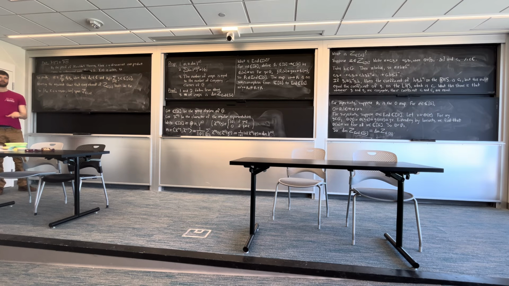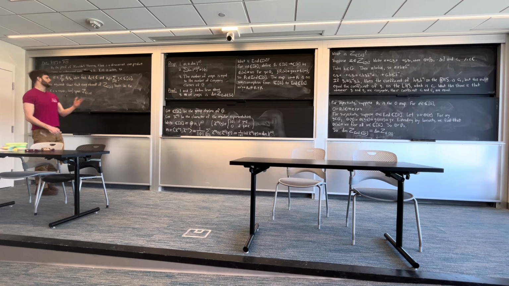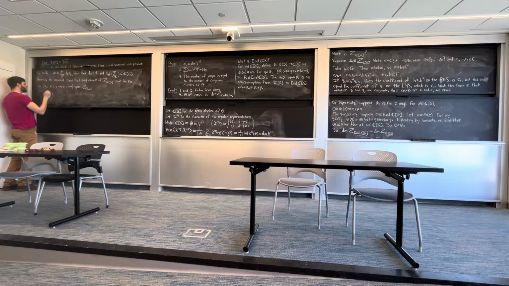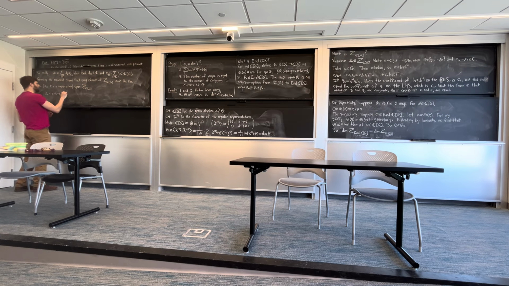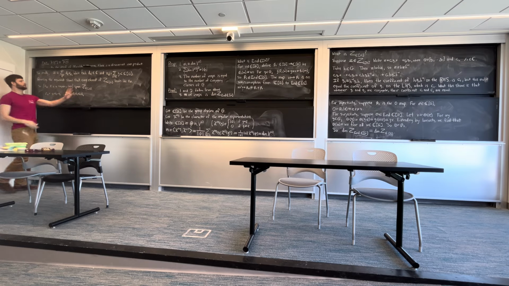For example, if I had some zk and I wrote it as g1 plus g2 plus g3, let's say there are three elements of this conjugacy class, and then zk prime was h1 plus h2 plus h3 plus h4, some other conjugacy class with four things.